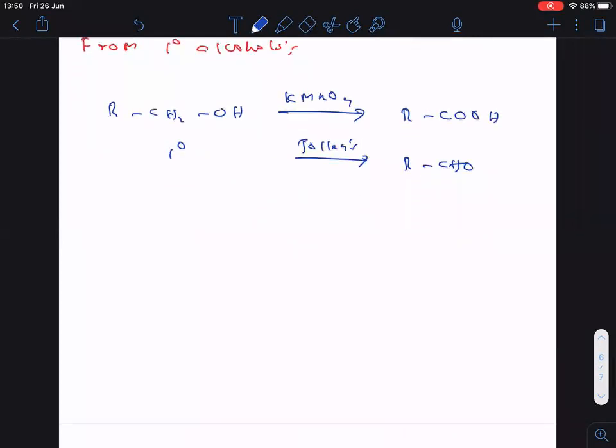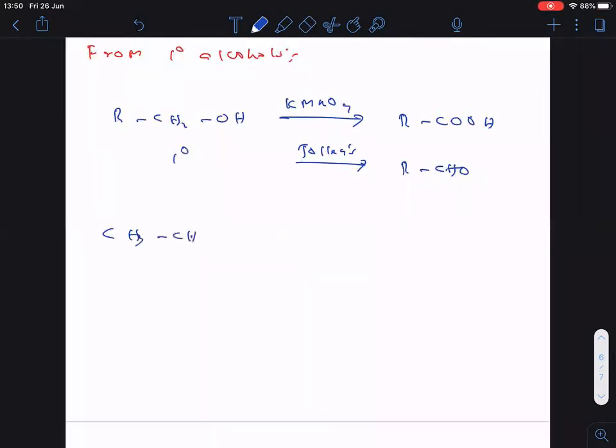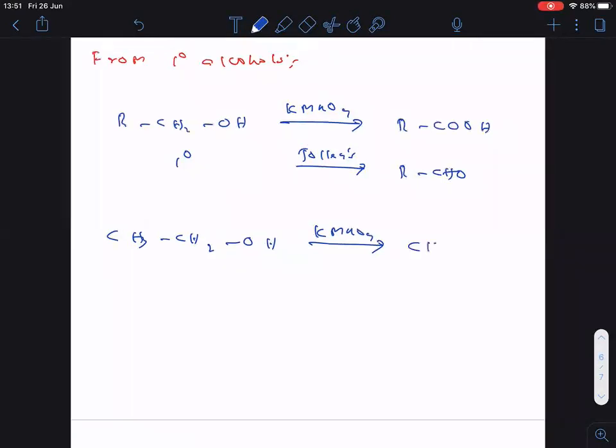Okay, so now let me take one example here. CH3CH2OH. This is the primary alcohol. So when this primary alcohol undergoes oxidation with a strong oxidizing agent, what happened here?